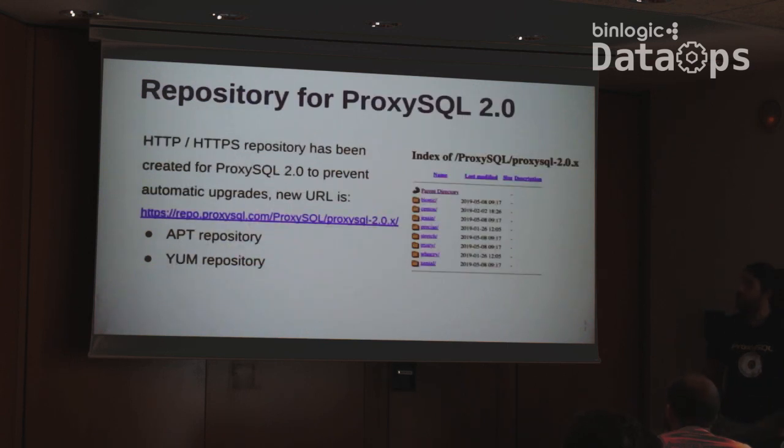We also have our own repository. We avoid having ProxySQL 1.4 and ProxySQL 2 on the same repository path, to avoid an automatic upgrade if you have configured your system to upgrade automatically. So we're just using a different path. Again, we are supporting both the APT repository and the YUM repository.